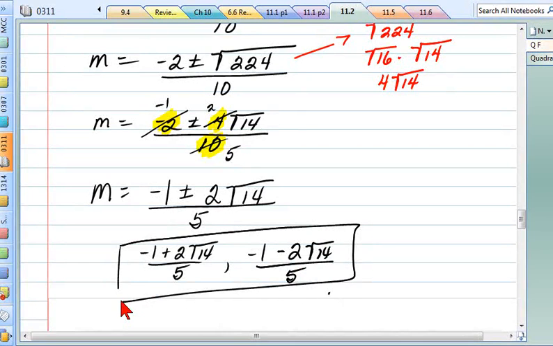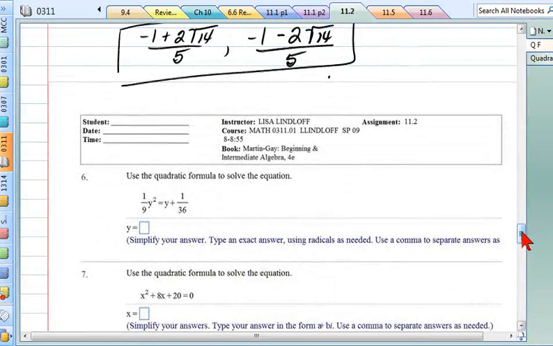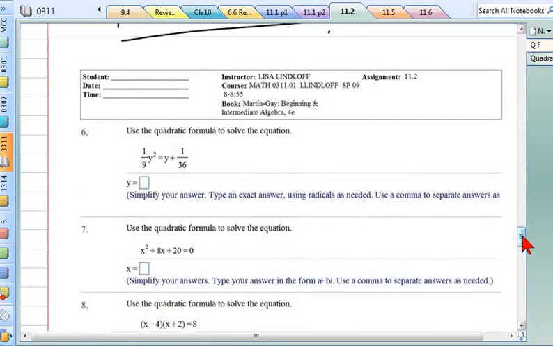Okay, I need to just say something about number 6, even though it doesn't have weird answers. Here's number 6. It is 1/9 y squared equals y plus 1 over 36. We might have been in big trouble if I had completely skipped this one.